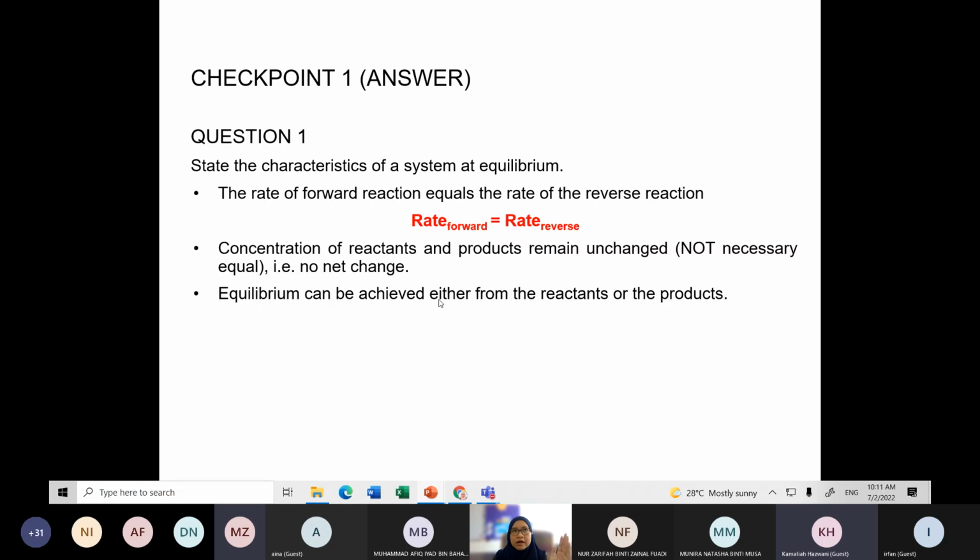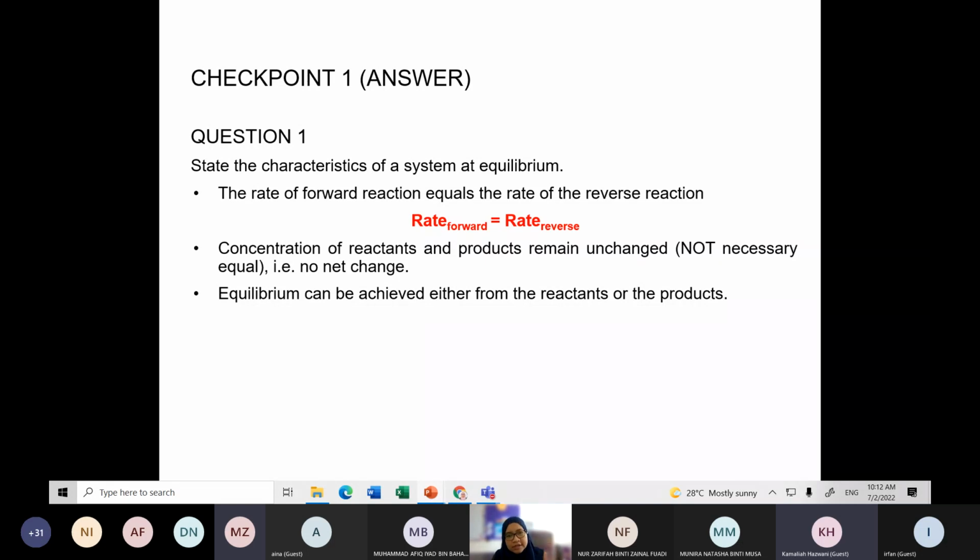Let's say, for example, after 10 seconds the concentration is 0.1, and after 20 seconds the reaction still proceeds, it's just that the concentration is no longer changing. So what can we say about that situation? We have to check again.